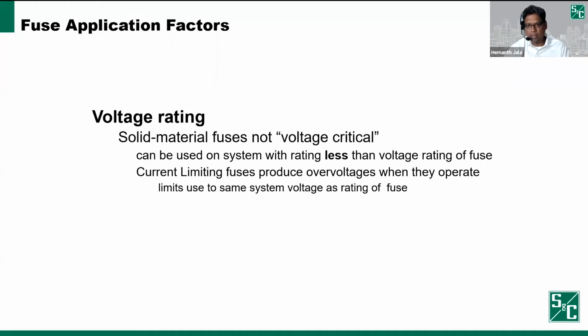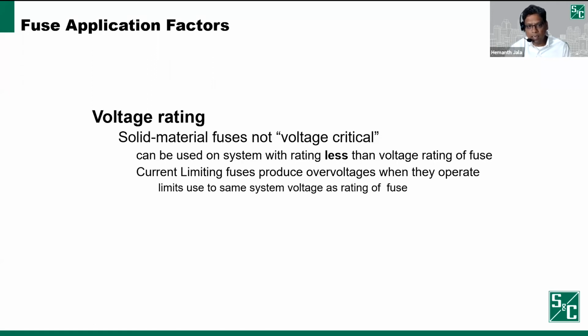It'll perform fine. It'll interrupt the way it's supposed to. And you can energize it at lower voltages. With a current limiting fuse, you don't have that freedom, because remember, when a current limiting fuse operates, it produces a little bit of overvoltage, and those spikes in voltage may damage the rest of the equipment on your system.